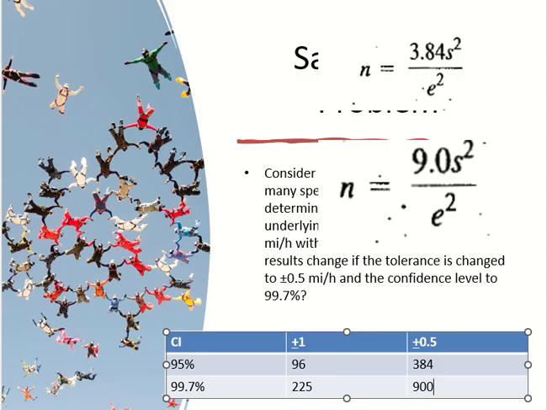They will come back to this equation, put the actual standard deviation, and check how many samples they are getting with the actual value now. If the number of samples you get is less than what you already have, good or bad?